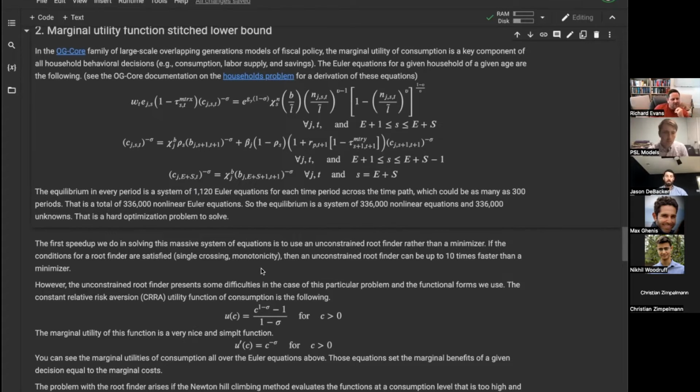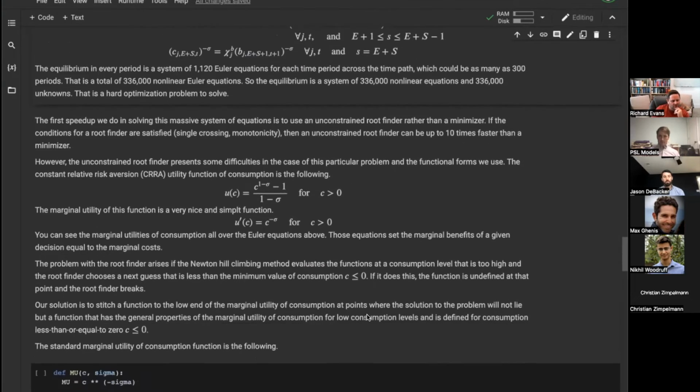And one thing you'll see in this root finder is a term that looks like this, c to the negative sigma, and that's the marginal utility, the derivative of the utility function. You see that all over the place. You see it there, here, c to the negative sigma. You see it here with a different variable, here. So this marginal utility functional form, c to the negative sigma, is really important here.